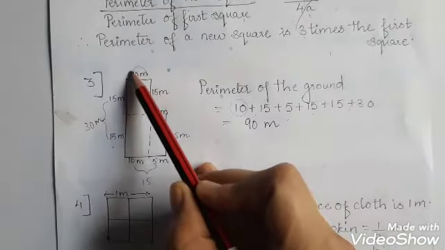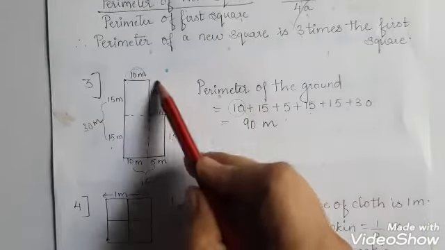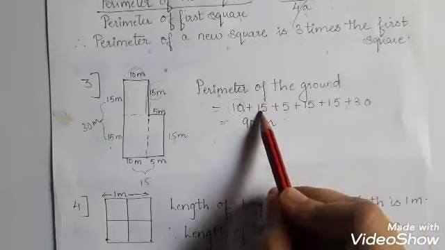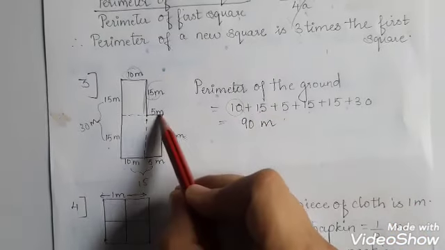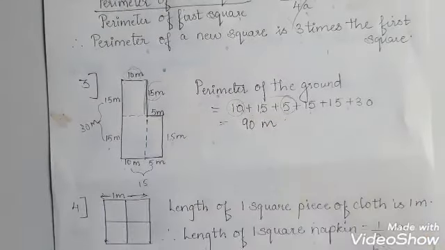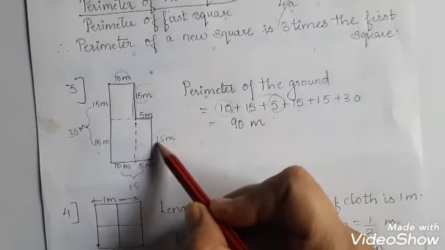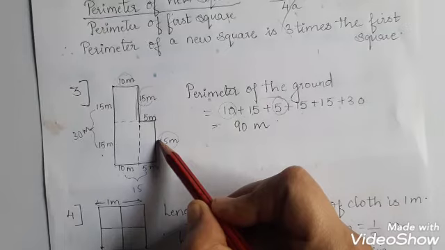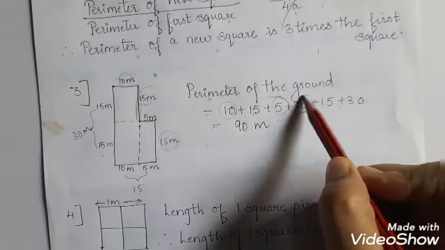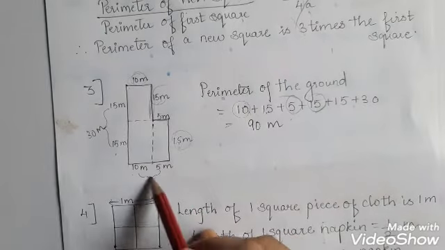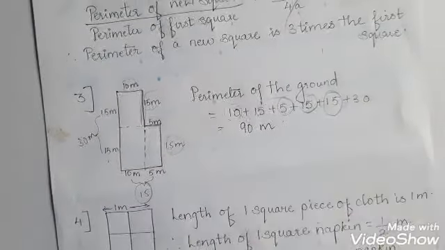So now this is 10. So 10 plus, this part is 15. Okay, 10 plus 15. This part is 5 plus 5. Now this part is also 15, right? So this is also 15. Now this is 10 and 5, so 10 plus 5 is again 15.